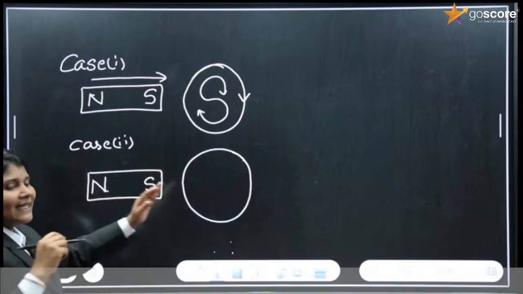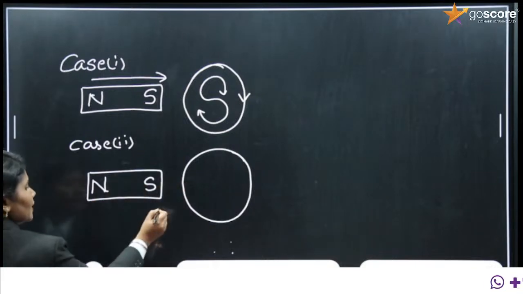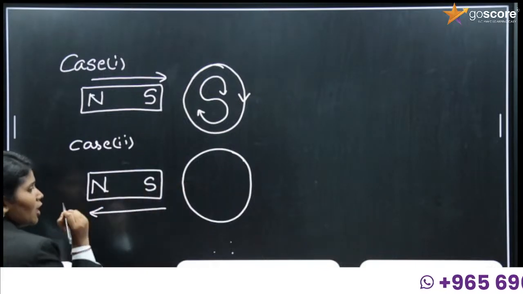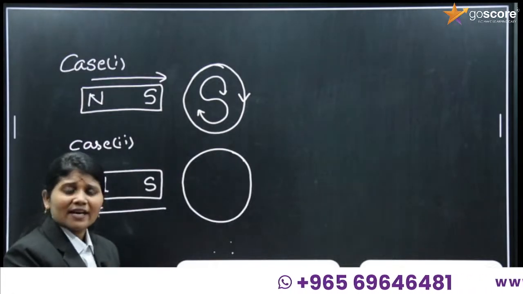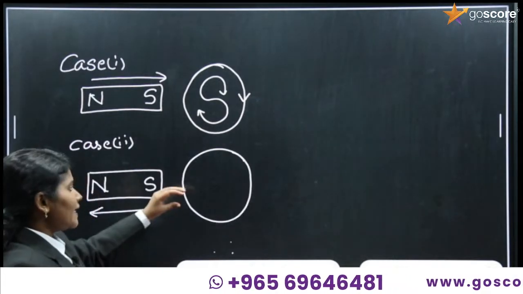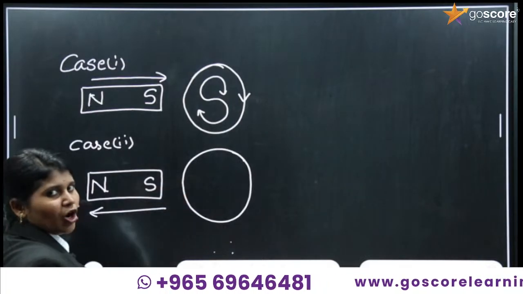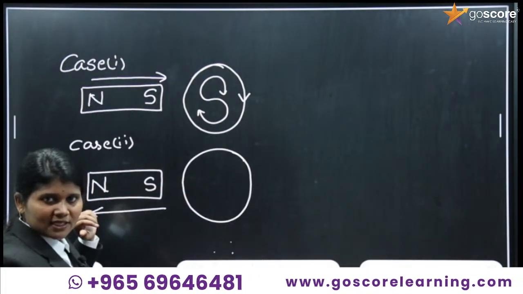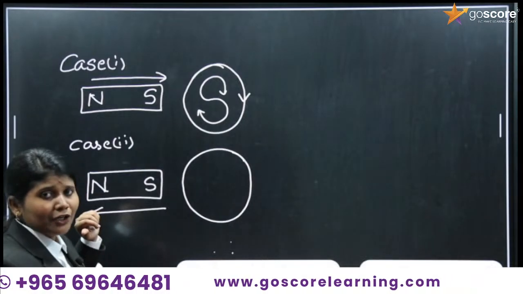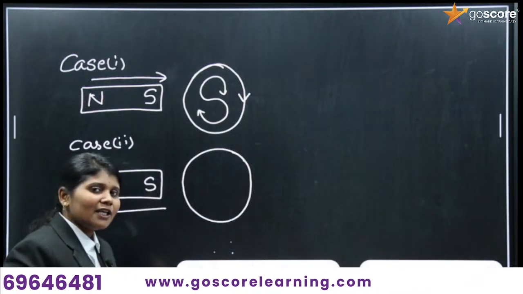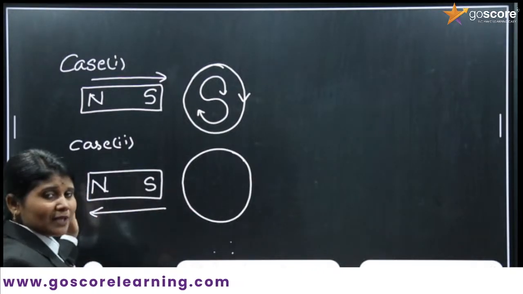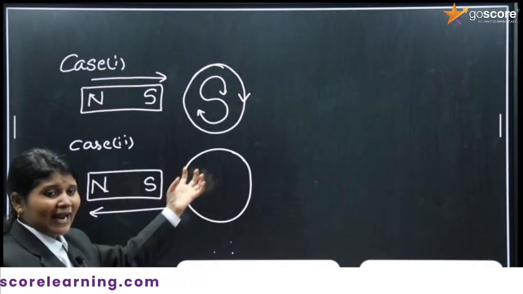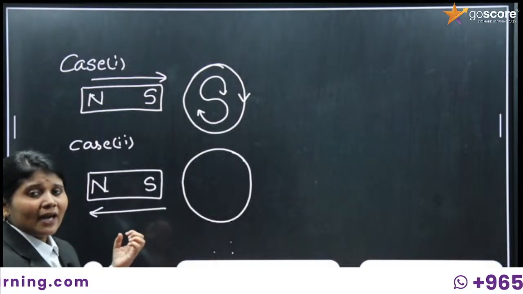Now the magnet is away from the coil. When it moves away from the coil, change in flux is happening here also. Then EMF will be induced, but according to the Lenz law, EMF will oppose. Since it is moving away from the coil, the coil will attract.